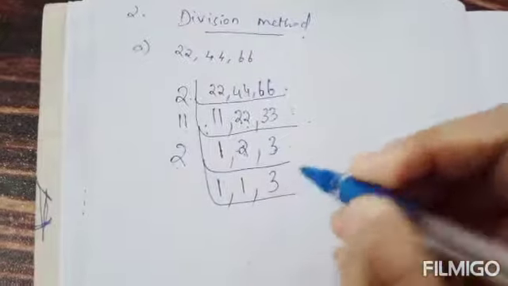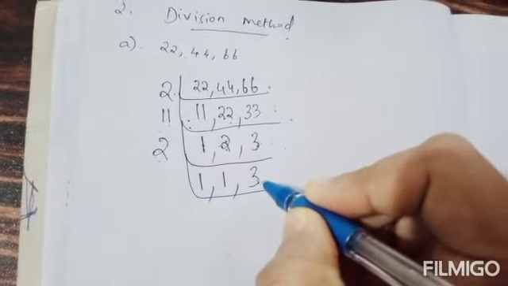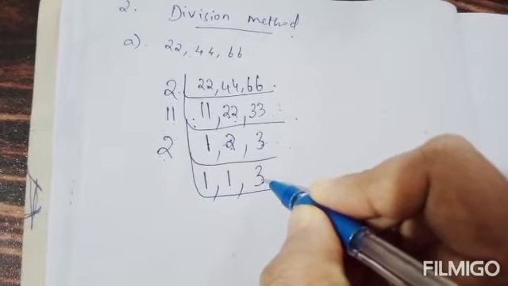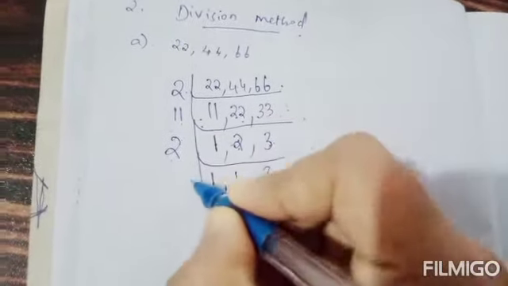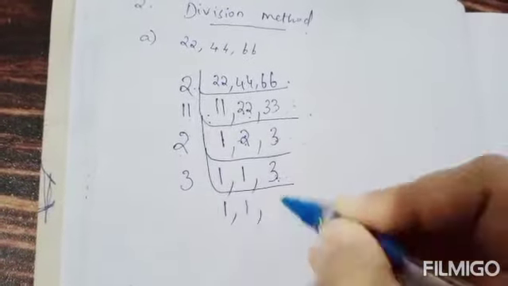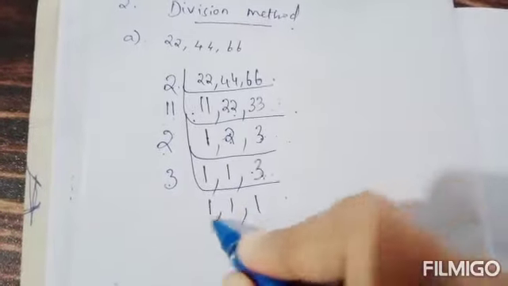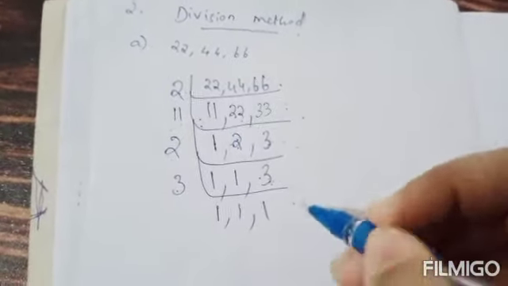Now in place of 3 only, 1 is not there. So in order to make this 3 into 1, divide 3 by 3. Okay, so 1, 1, 3 divided by 3, it is 1. You got all numbers 1 here, so you can stop.